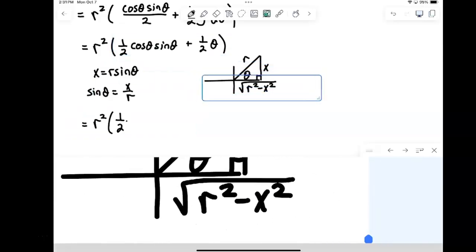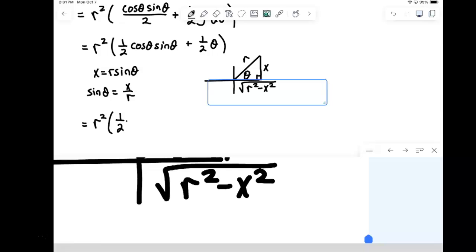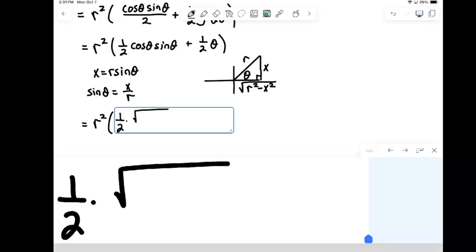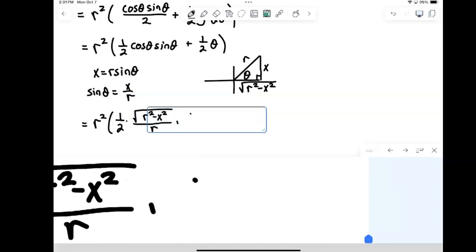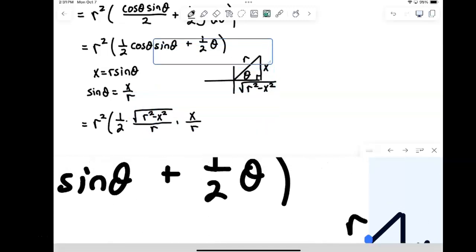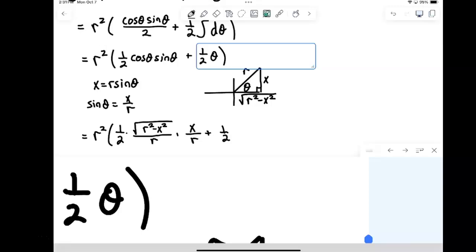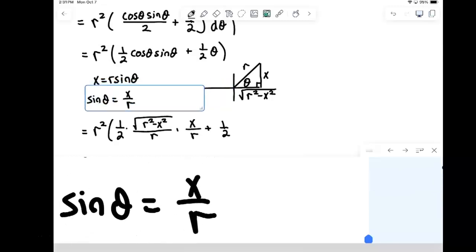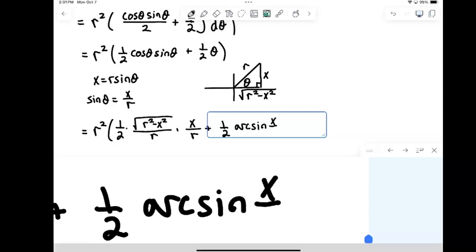Cosine is the adjacent over the hypotenuse, so that'll be square root of r squared minus x squared all over r, times the sine of theta, which is just x over r, plus 1/2 theta, which, since sine of theta is x over r, is the arc or inverse sine of x over r.